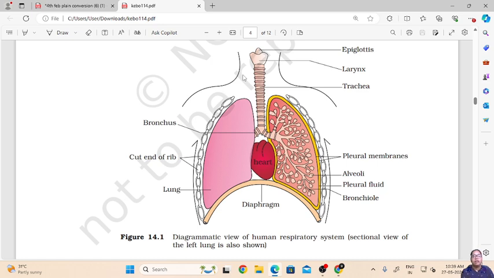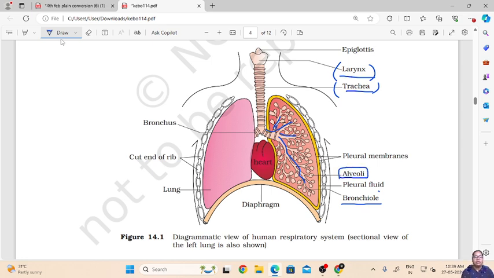Then after that comes the larynx, then comes the trachea. The trachea will then branch into primary, secondary and tertiary bronchi, and then these bronchi will terminate into a balloon-like structure called the alveoli.